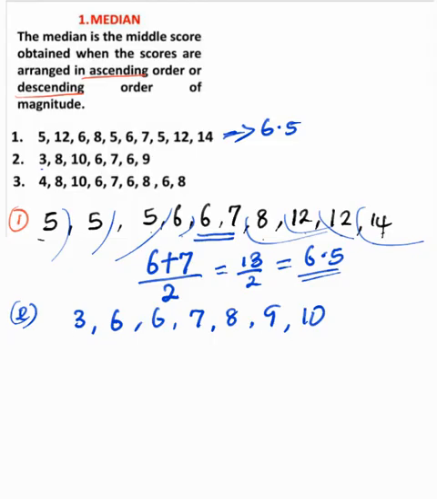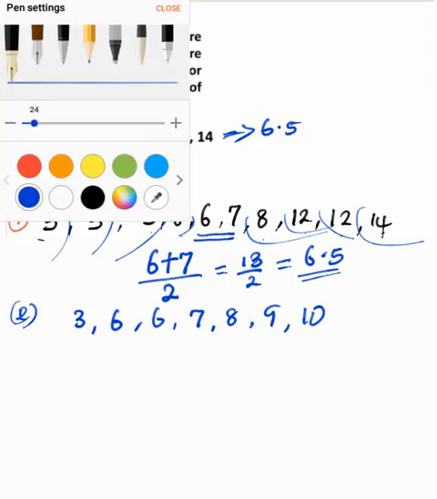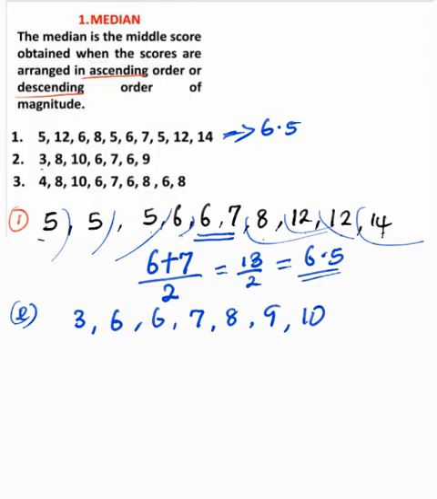Always be sure that the data you're bringing out are the same number as the question. So we can now eliminate from both sides to see the scores that will be at the middle. Strike out, strike out, strike out. All right, so we have 7 at the middle. Therefore, the median is equal to 7.